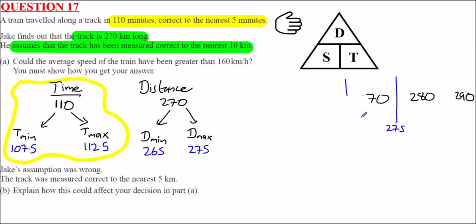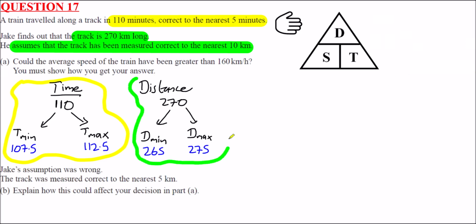So we've got the bounds for both time and distance now, so we can go ahead and compute this. What we want to work out for part A is, could the average speed of this train have been greater than 160 kilometers per hour? So we want to find the maximum bound for the speed.